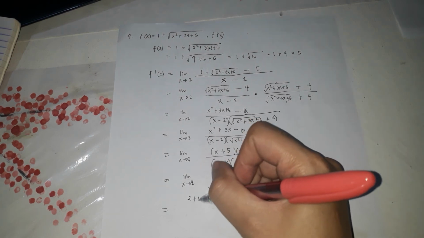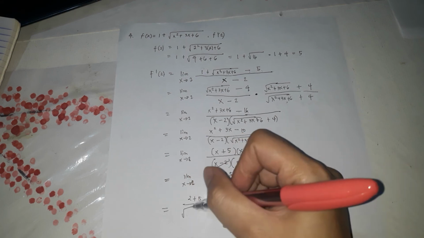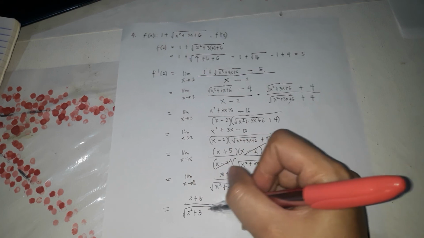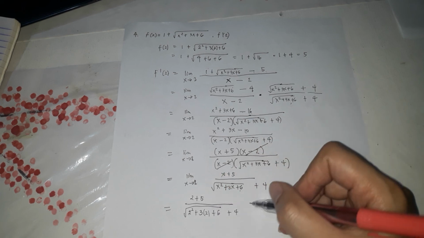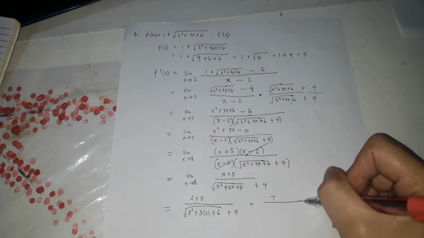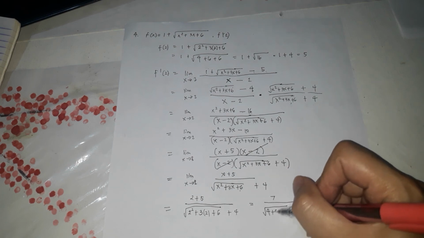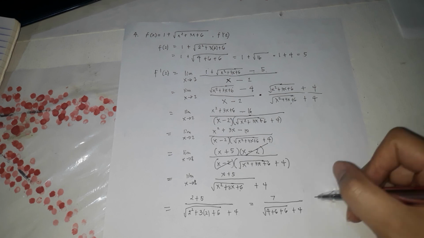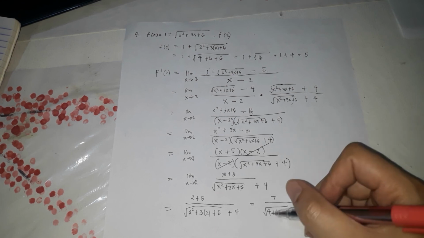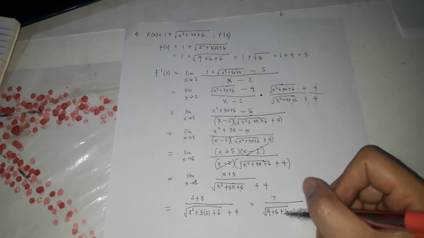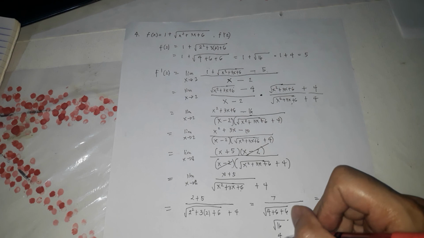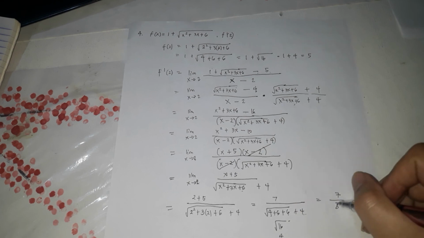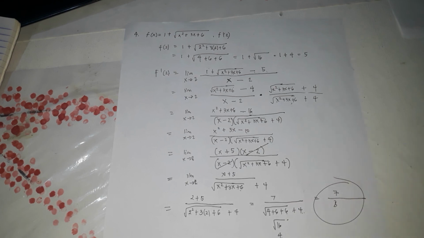So 2 plus 5 over square root of 2 squared plus 3 times 2 plus 6, plus 4, which is equal to 2 plus 5 is 7, over square root of 4 plus 6 plus 6 is 16. Square root of 16 is 4. 4 plus 4 is 8. So the answer is 7 over 8. So it's a very long process. The answer is 7 over 8.